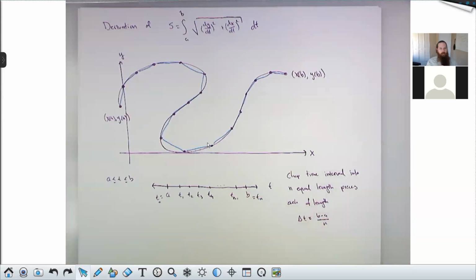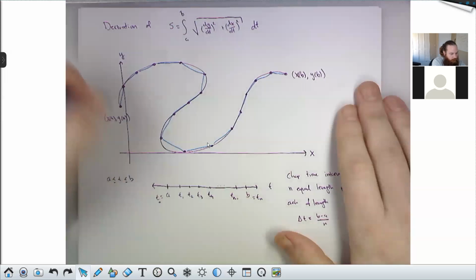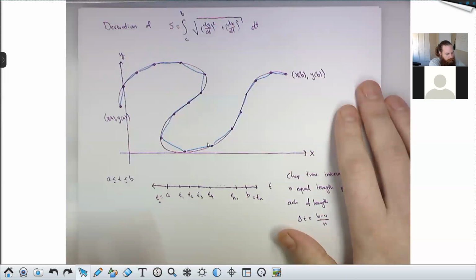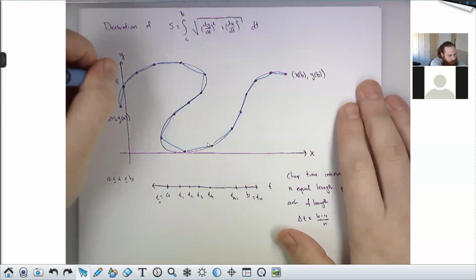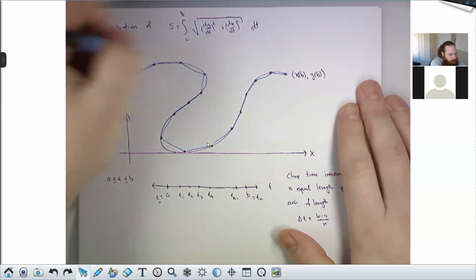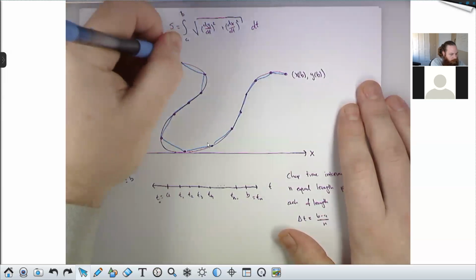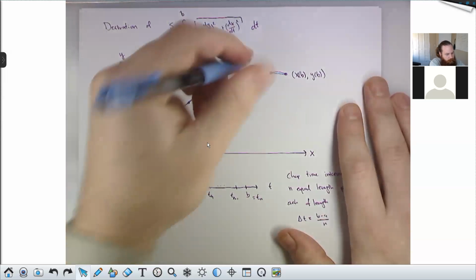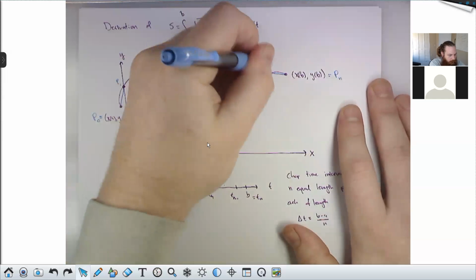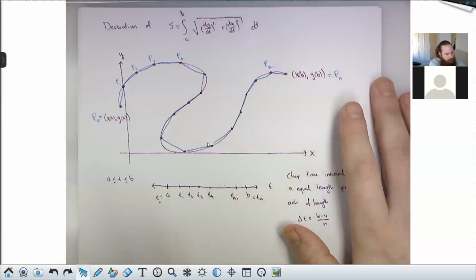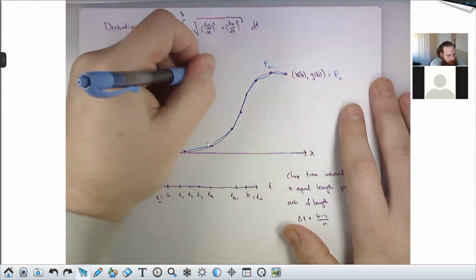So this is the idea. This first point down here, the initial point, I'll call that P0. And then this would be P1, P2, P3, P4, and so on. This guy I would call Pn. The guy right before would be Pn minus 1. And you get the idea, right? P5.